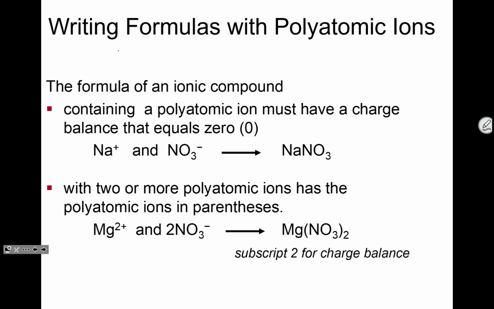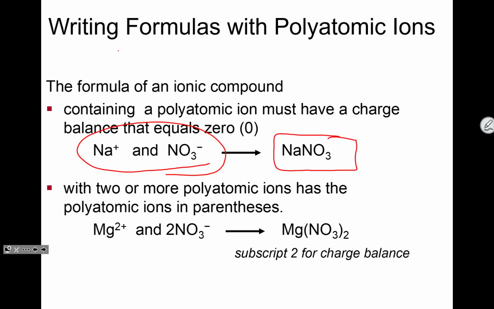In the simple case here, writing charge balance between sodium and nitrate, which exists as an ionic compound, it's just a 1-to-1 ratio, and we just write it like this. However, if you need more than one polyatomic ion to get charge balance, you put that whole polyatomic ion in parentheses to say that it's a full unit.